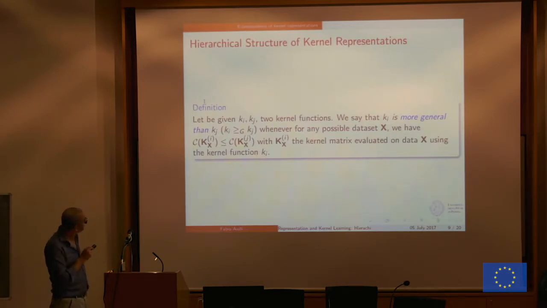In particular, given two kernel functions, ki and kj, we say that ki is more general than kj whenever, for any possible dataset X, the spectral ratio of the matrix evaluated on data X using the kernel i is always less than the spectral ratio obtained for the matrix evaluated on data X using the kernel j.